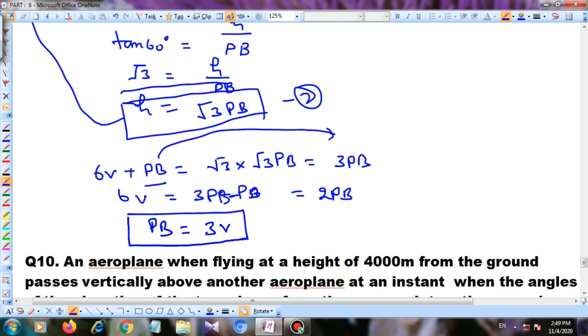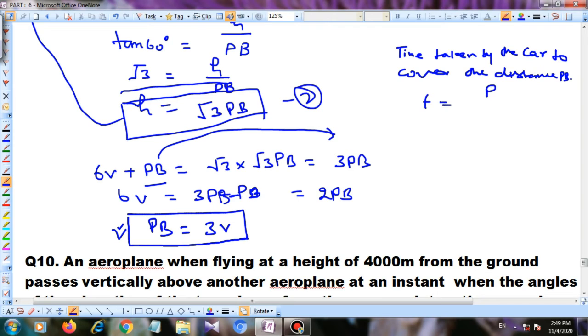It means the time taken by the car to cover the distance PB is T equals distance upon uniform speed, which is V. So this will become 3V upon V. V, V cancel.